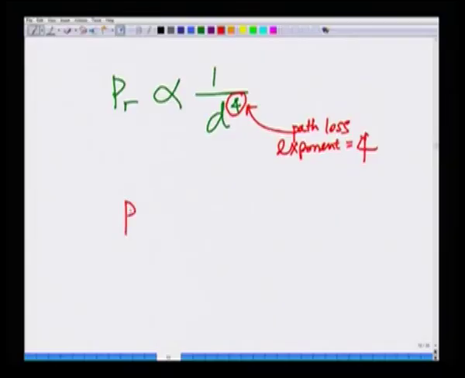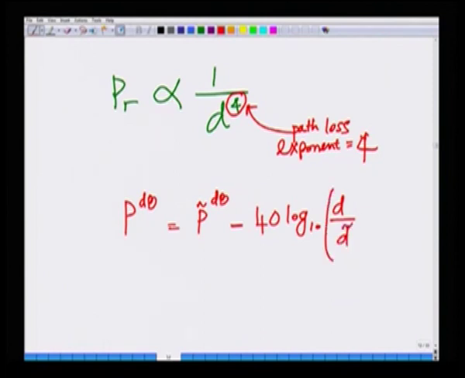Hence, going back to our free space loss equation, one can write the received power in dB as P tilde, some reference power at distance d naught, minus 40 log 10 of d over d naught, which says that there is a 40 dB per decade decrease in the power.